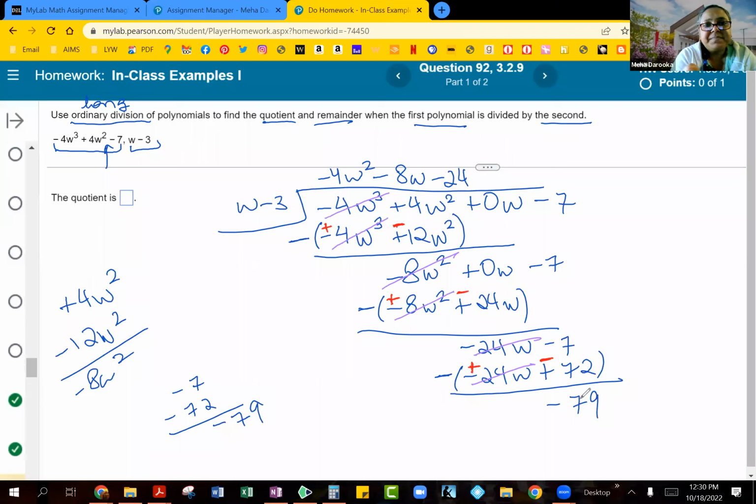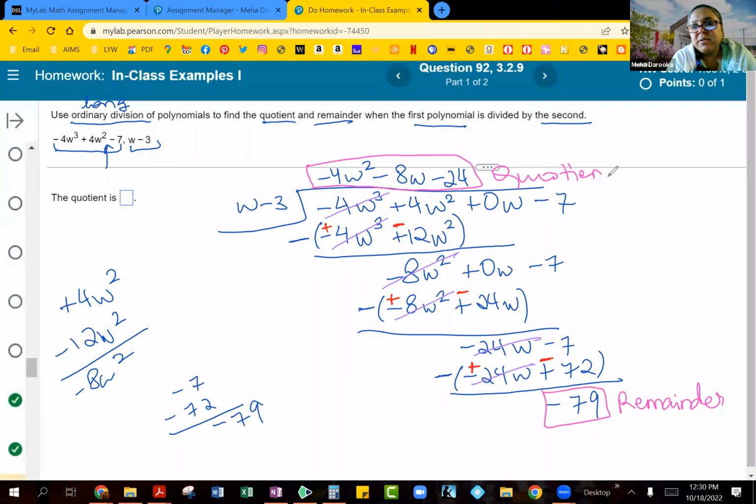And remember, this is our remainder. And this guy here is our quotient. Okay, let's plug in these numbers. So this guy would be negative 4w squared minus 8w minus 24.